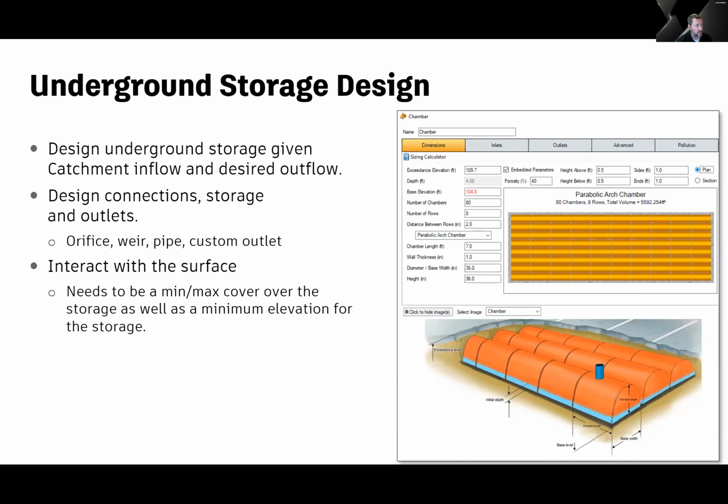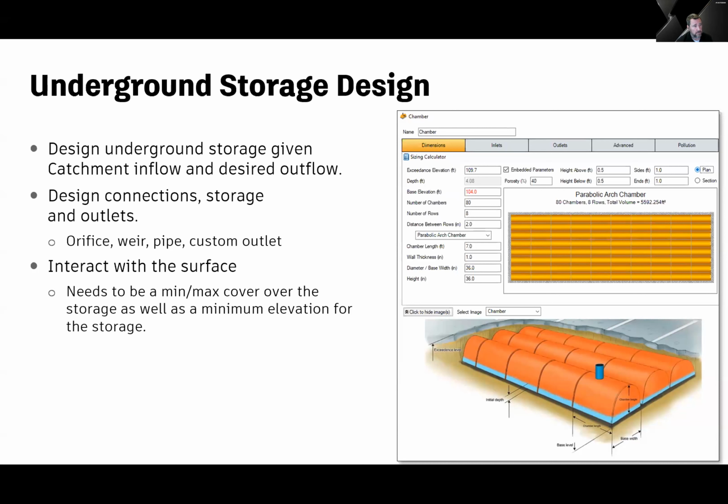In the outlet, you'd have some sort of weir, orifice, some sort of control element to control how the water's leaving. All that would need to be part of what you set up in Civil 3D.